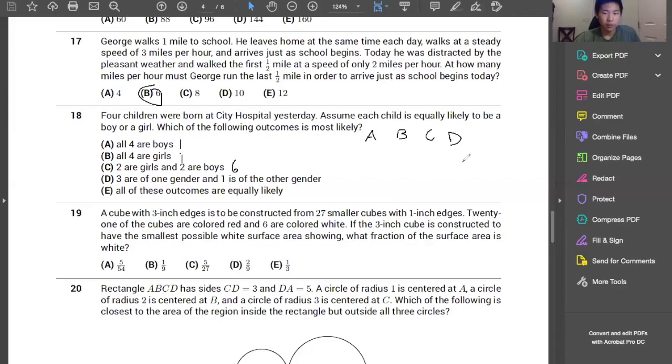There are 4 possibilities, right? Any of the 4 children could have been. So we actually have 4 plus 4, which is 8 possibilities. So clearly, the outcomes are not equally likely, and our answer is D, since we have the most possibilities.